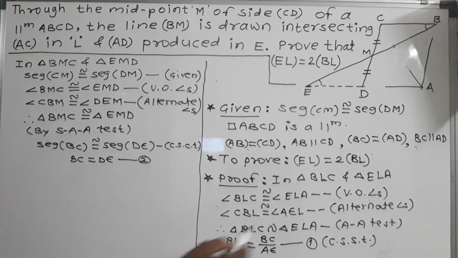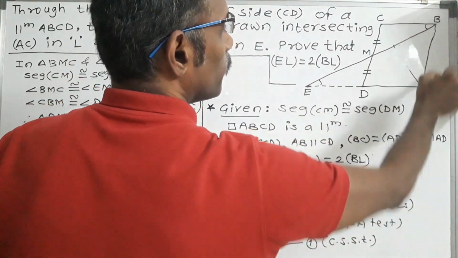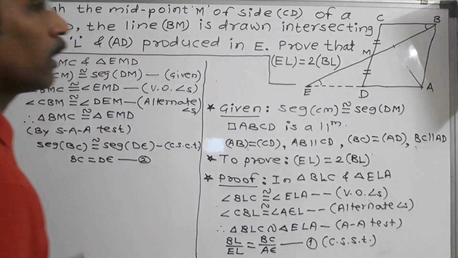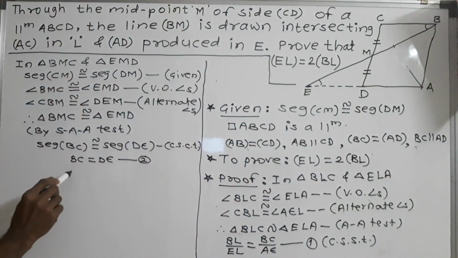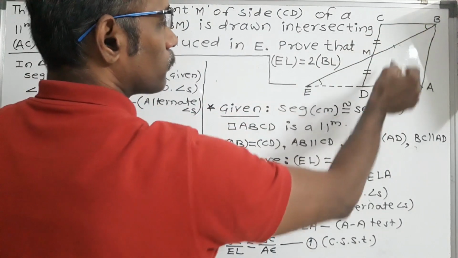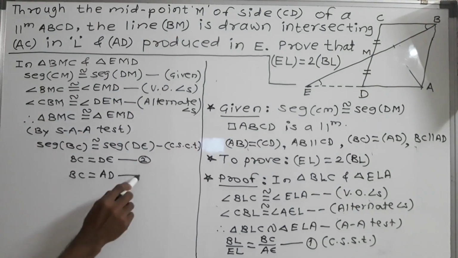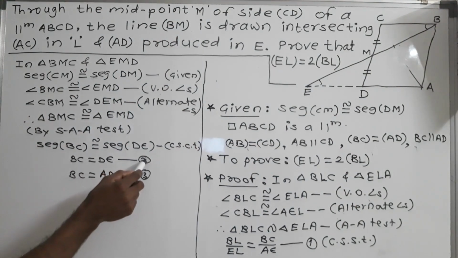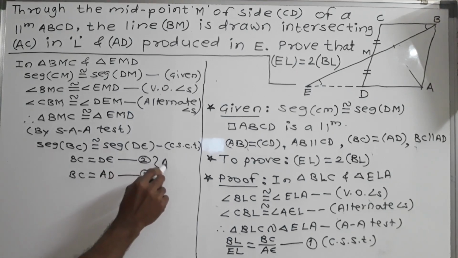Now we know that quadrilateral ABCD is a parallelogram and therefore opposite sides are congruent. Therefore BC is equal to AD. This is equation number 3. Now we add equations 2 and 3.